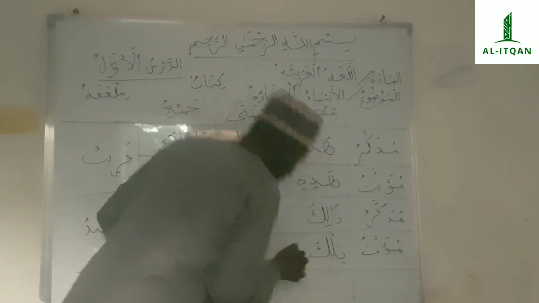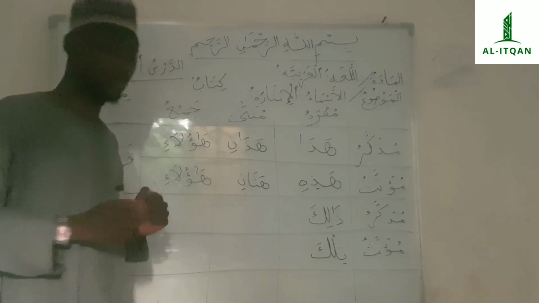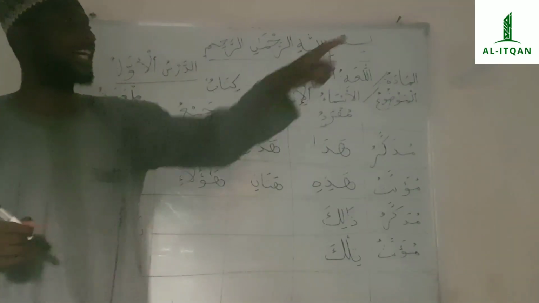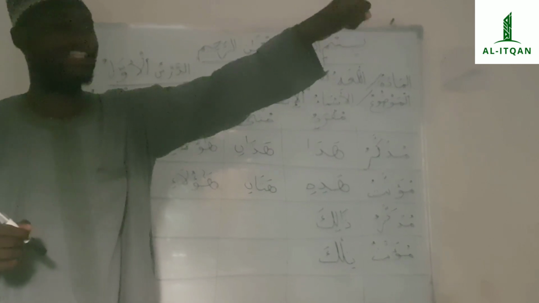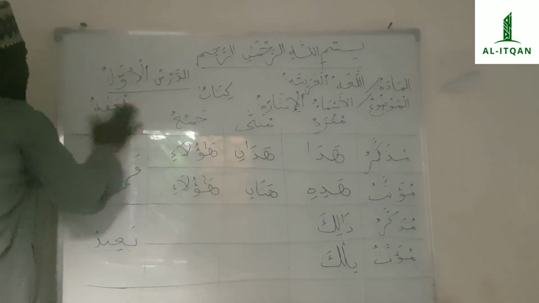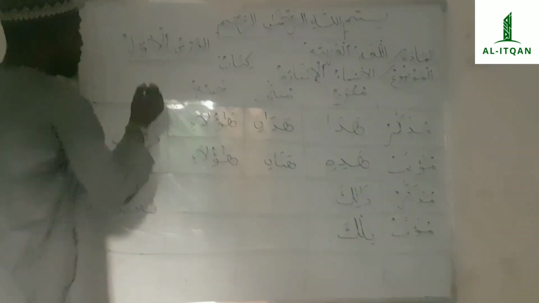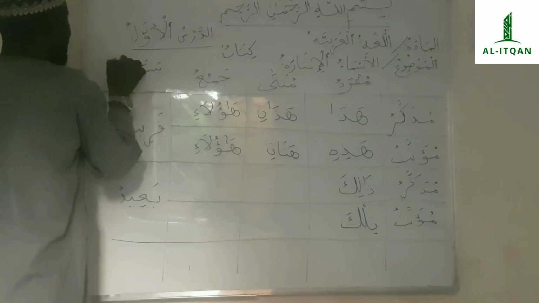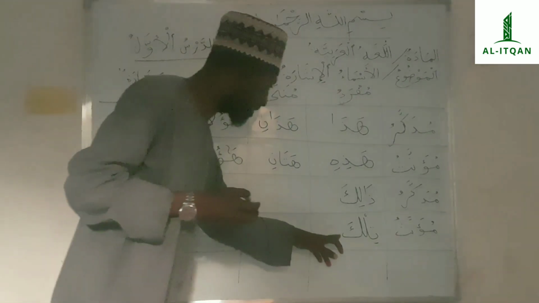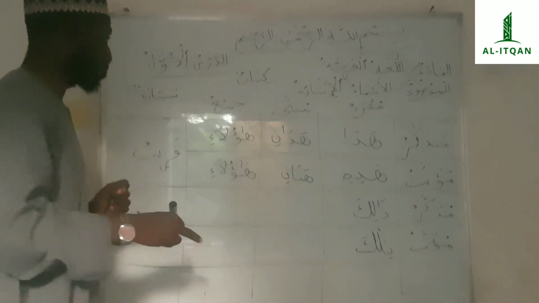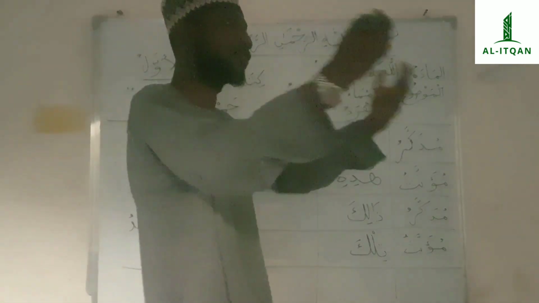The book is far from you, you say dhalika kitab. Dhalika bayt. Are we getting it now? Something is far from you, for example sayyaratun, car. You say tilka sayyaratun. That is a car. You can see that you are referring to something that is far from you.